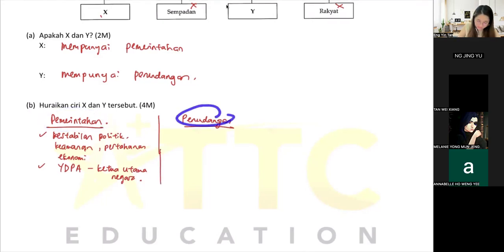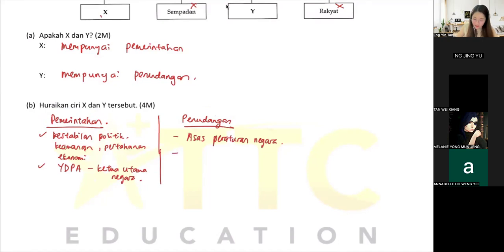How about the law? You need to tell me the law, perundangan menjadi asas siapa? Who is referring to the undang? So you say perundangan merupakan asas peraturan negara. Right?